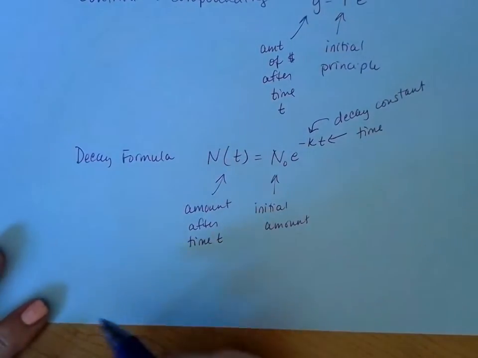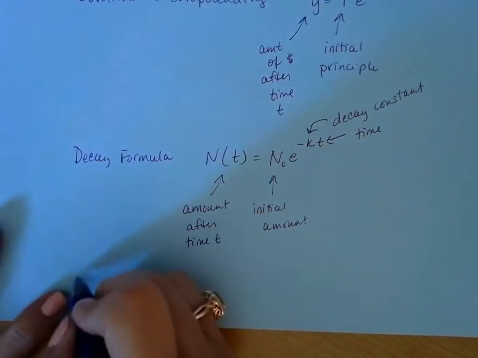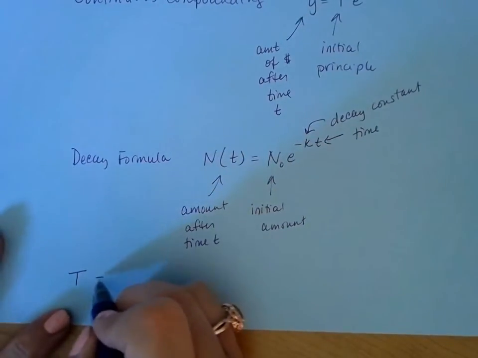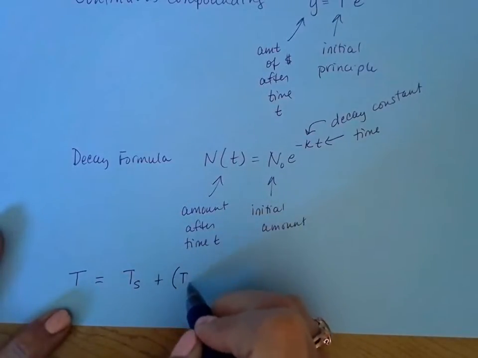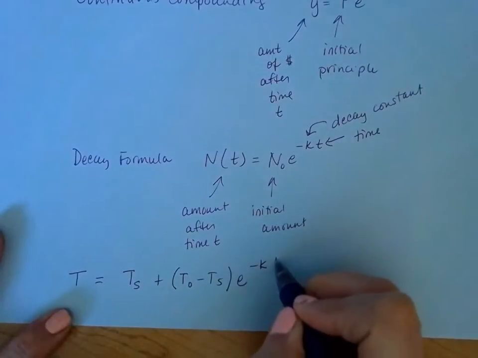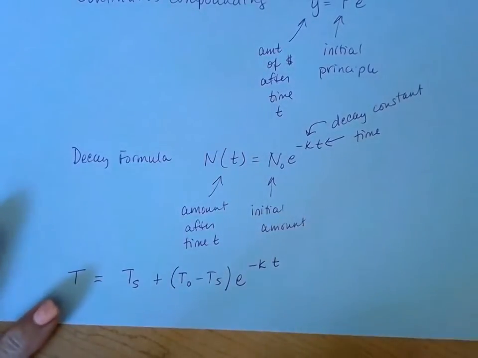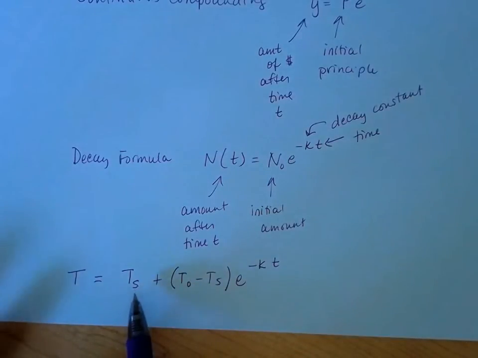The third one is a temperature formula. So it's the temperature of some sort of substance like coffee or hot cocoa, something like that, after it's cooled off for a while. So T is the temperature, and I'll tell you what every single one of these inputs means. Now, it looks different, but it is the same basic structure with one exception. T sub S, which is your surrounding temperature, is your asymptote.